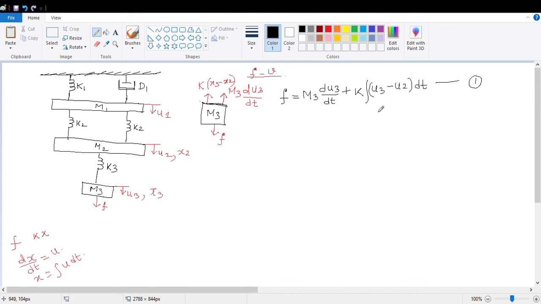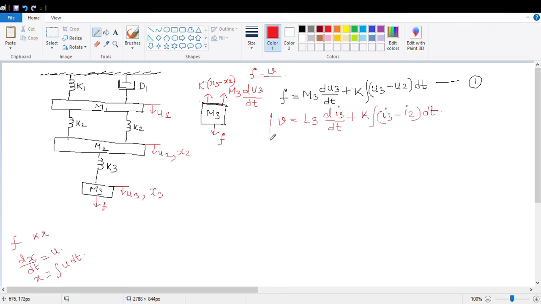We have to convert this equation into the force voltage equation. So if you want to convert, force is equivalent to voltage. So this equation is equivalent to voltage. Mass is equivalent to inductor in this case, and U is equivalent to I. So it will be L I3 dt plus K into the integral of I3 minus I2 dt.